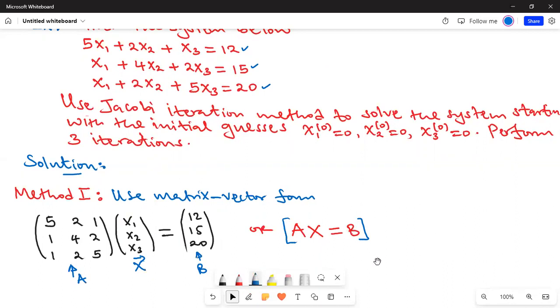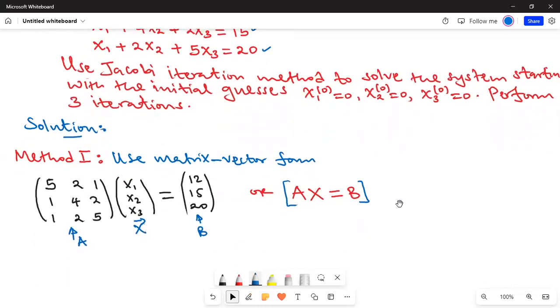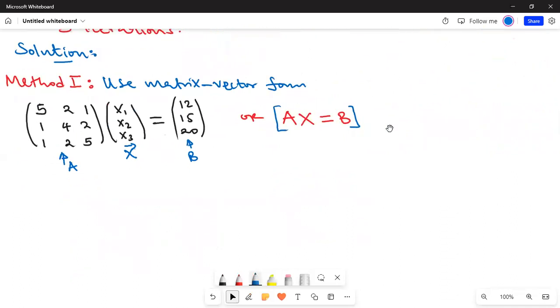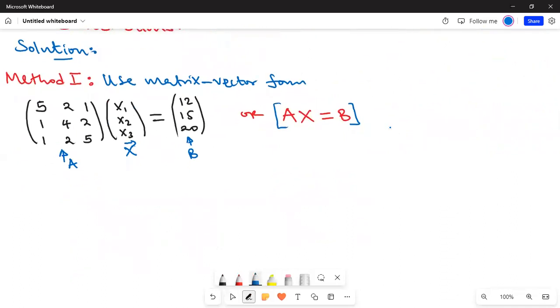Now remember that the coefficient matrix A can be decomposed into 3 components. You can write a note that A can be decomposed into L plus D plus U, where L is the lower triangular matrix, D is the diagonal matrix, and U is the upper triangular matrix.